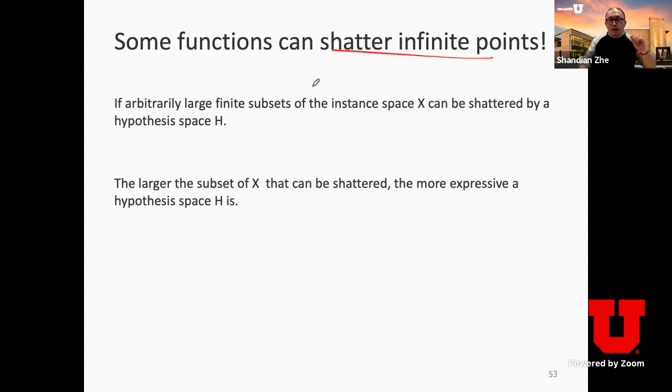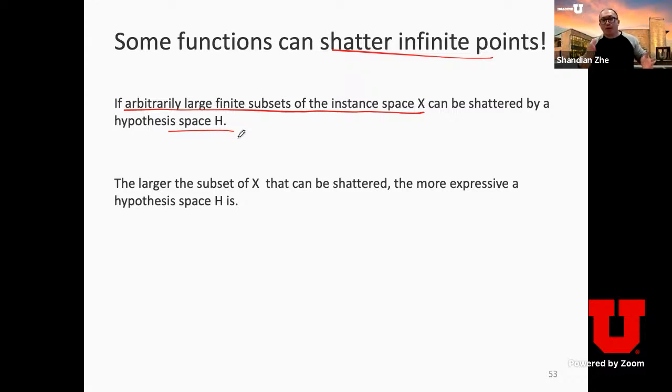When we say they can shatter an infinite number of points, that means arbitrarily large finite subsets of this instance space can be shattered by a hypothesis space H. This is not saying you're directly given an infinite number of points and I can shatter them.